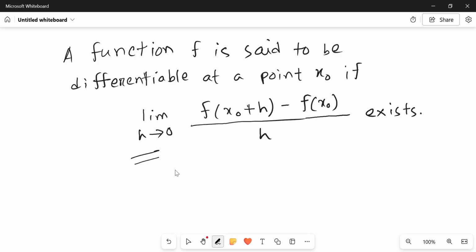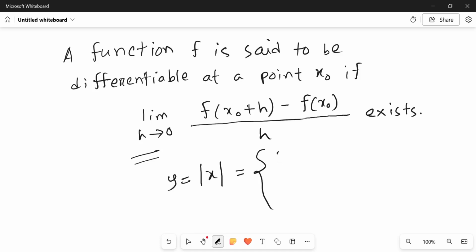The function we are talking about is y equal to absolute value of x. This absolute value function, we can write as a piecewise function like this.